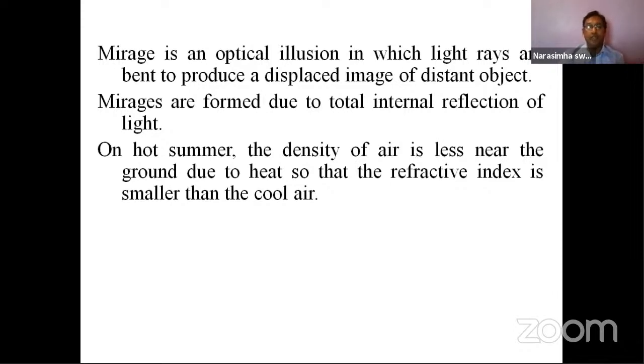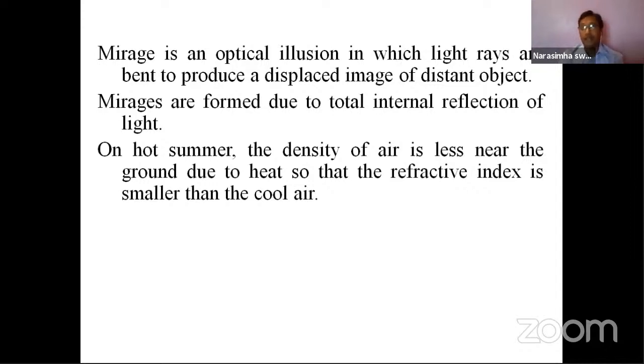So the density of air is less near the ground, because due to the heat energy the particles move upward, meaning they become lightweight. Due to heat, the refractive index will become smaller than the cool air.